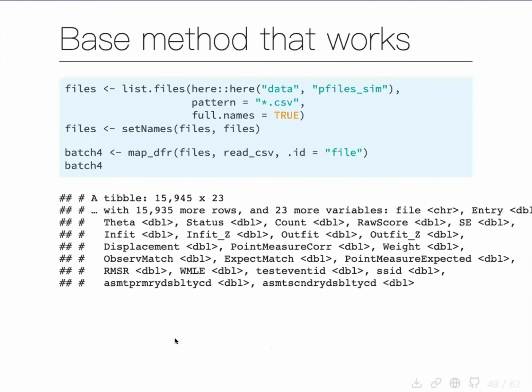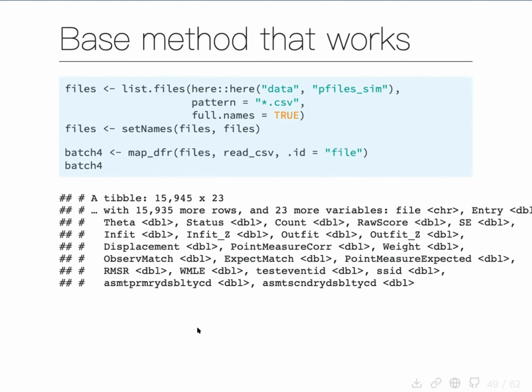One way around this is to set the names yourself. So I create files with list.files, and then I could say set names, files. So set the names of files to be files. And then when I use map_dfr with file, it looks exactly the same.